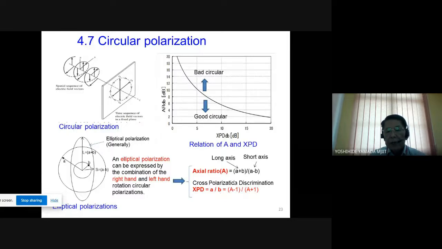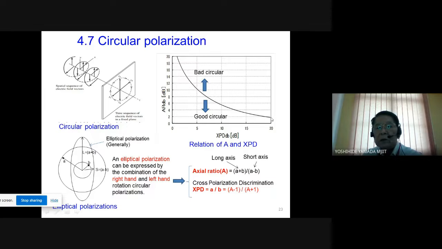If pure, the best circular polarization has a very large XPD and a very small axial ratio.